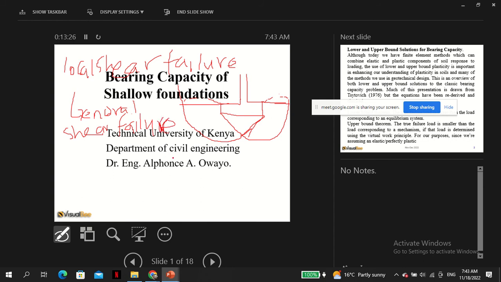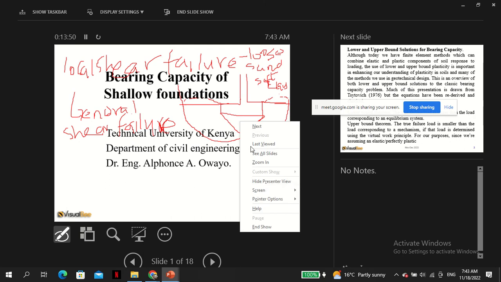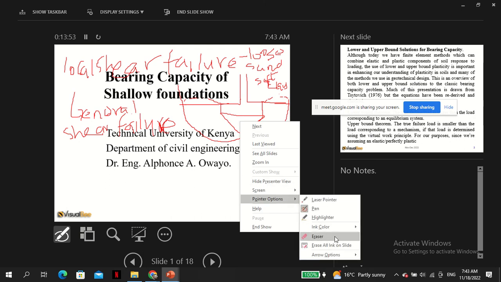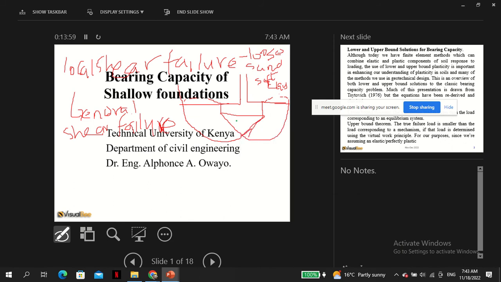For example, we are talking about loose sand and soft clay. Some localized regions, a few patches here, will reach the elastic limit.